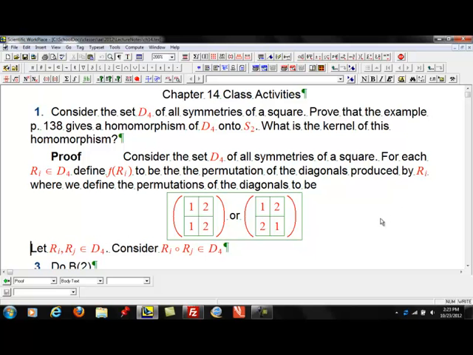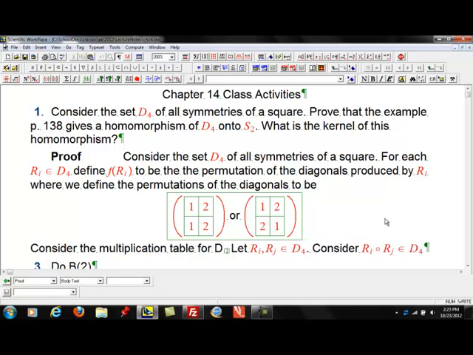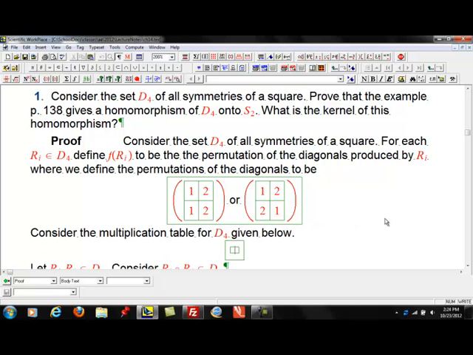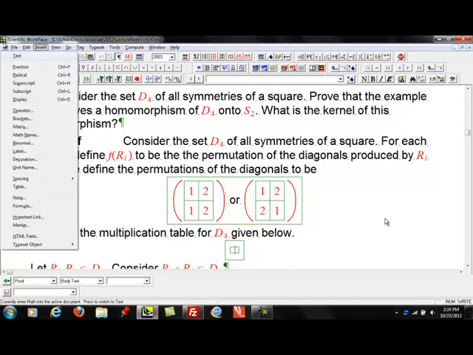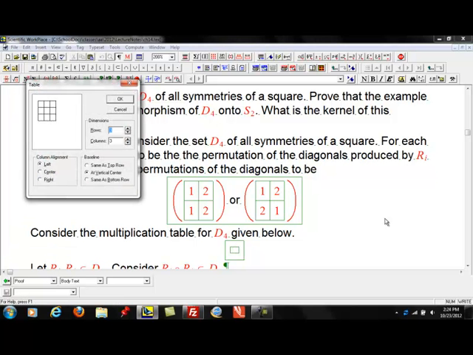Before we do that, let's put our multiplication table over here. So we need, let's see, 2, 4, 5, 6.